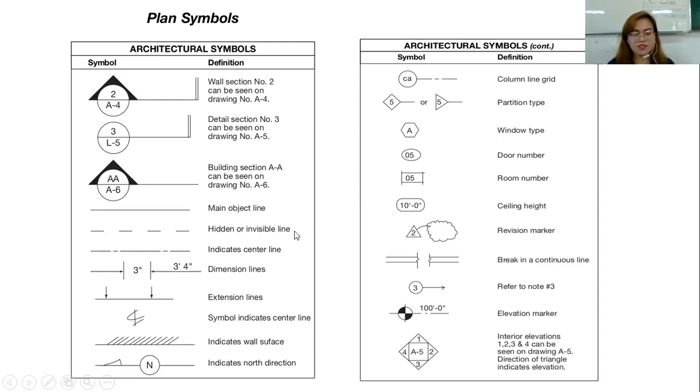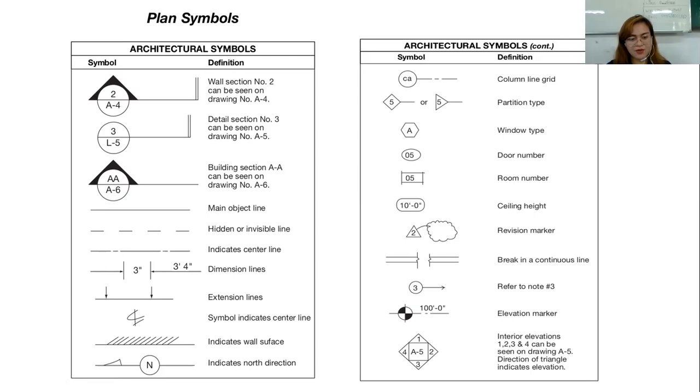The hidden or invisible line is usually medium. The long dash, short dash, long dash, short dash indicates the center line, and this is thin. This is where you discussed the line weights.